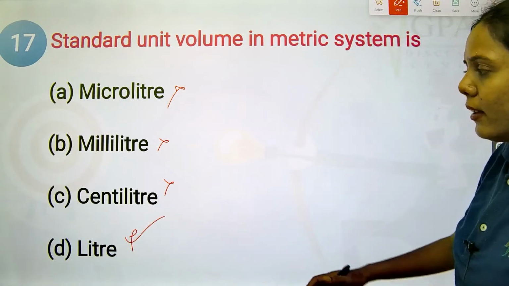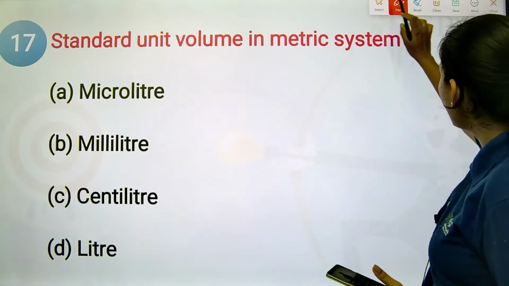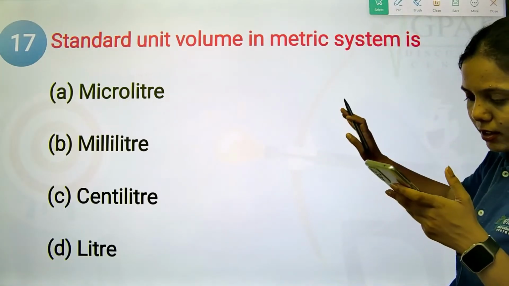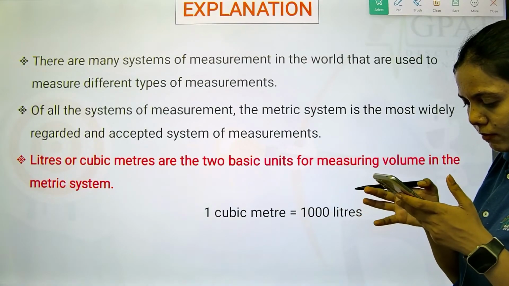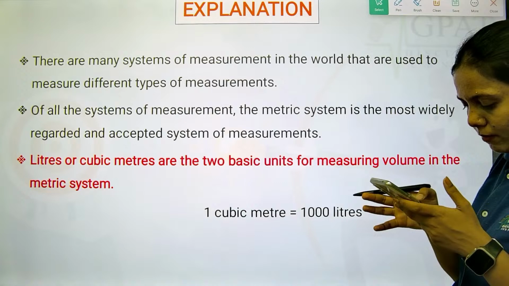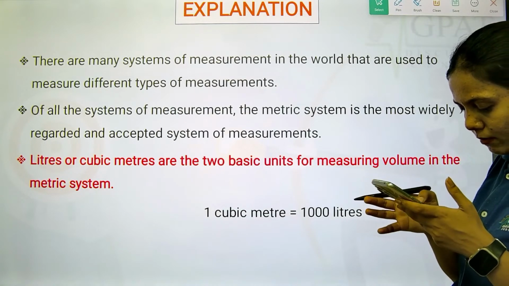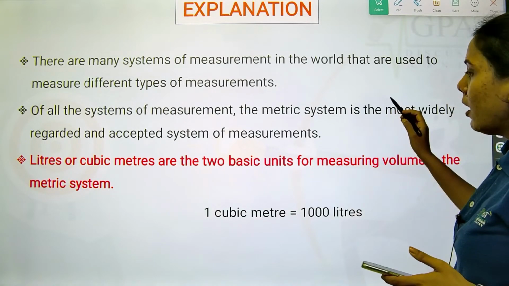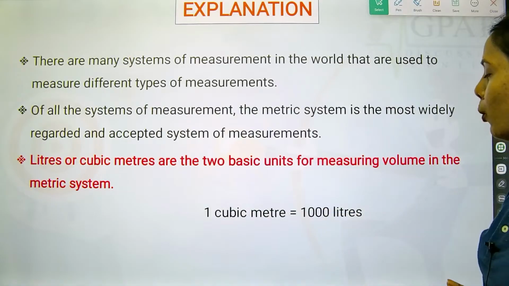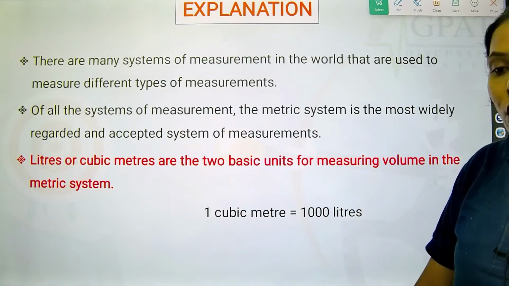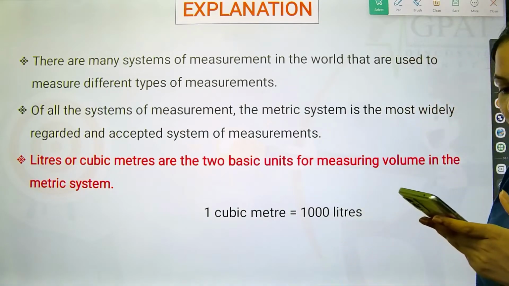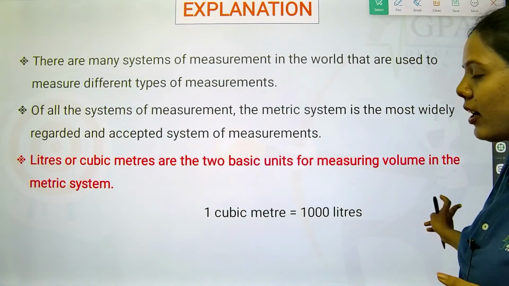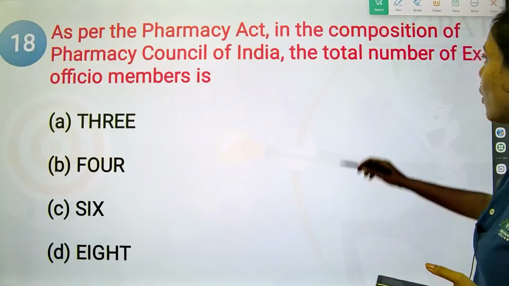Okay, the standard, the biggest one is there, so you can easily remember. So liters or cubic meters are the two basic units for measuring volume. Also remember the relation. That is nothing but 1 cubic meter is equal to 1000 liters.